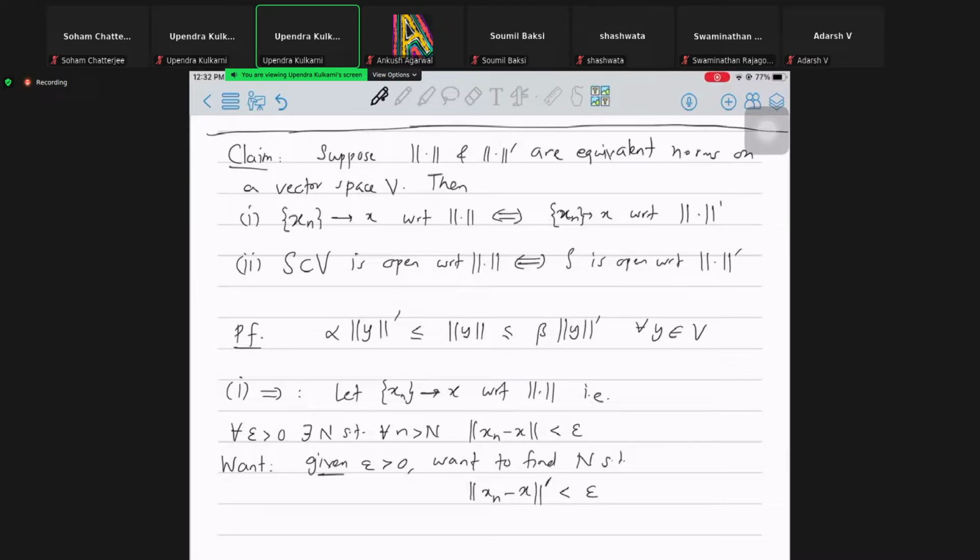That's what will show that if I'm able to do this for every epsilon, then for all n greater than N, this happens. And what is it that I know? So, question: the inequality that I have written here, will the left half be useful or the right half, or will I require both?